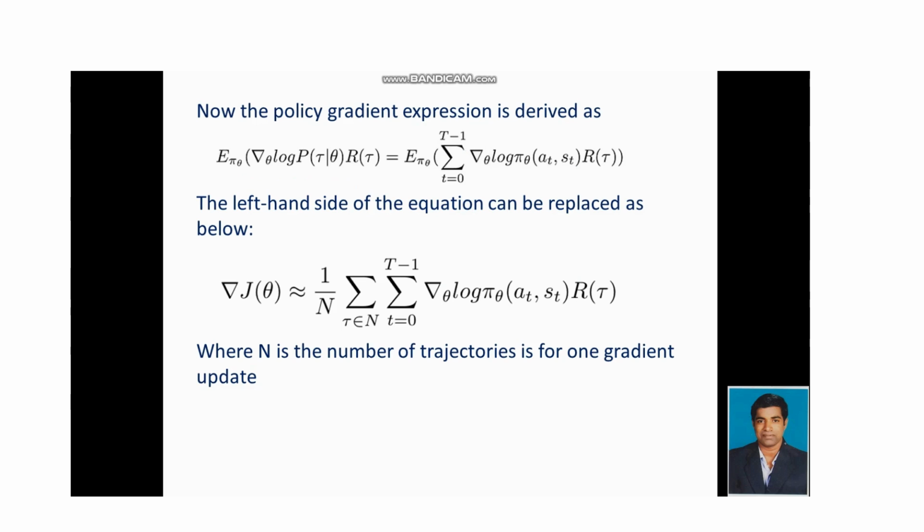Once the inner summation is completed with t equal to 0 to T minus 1, then we have to do the overall outer summation where i is an element of capital N. Here the inner summation is gradient θ log π_θ of a_t given s_t into R(τ), where N is the number of trajectories used for one gradient update.